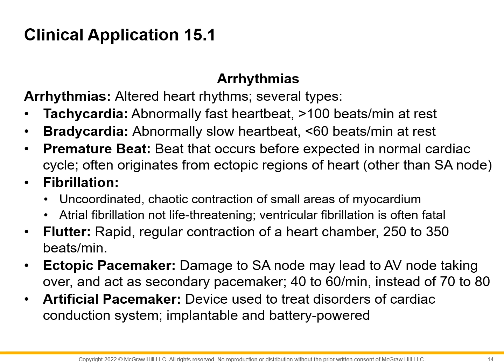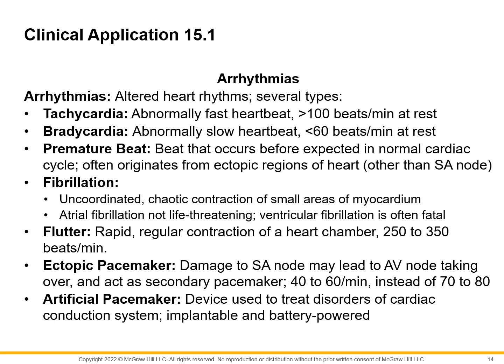We have also what is called flutter. Flutter is a rapid, regular contraction of the heart, more than 100, 220 up to 300, 250 up to 350 beats per minute.